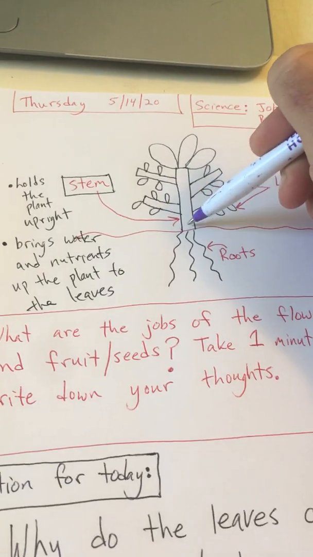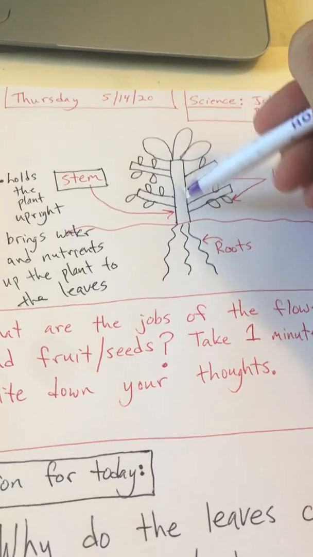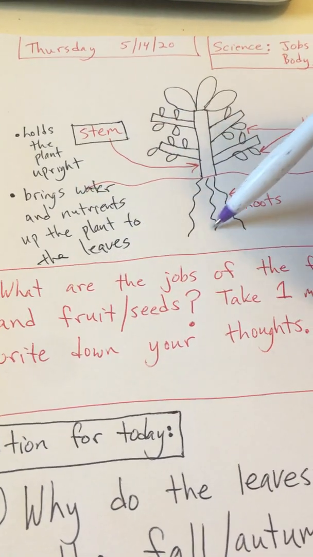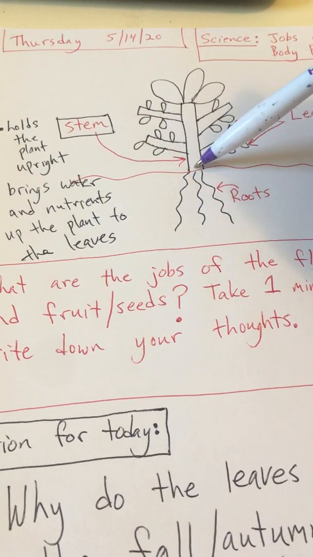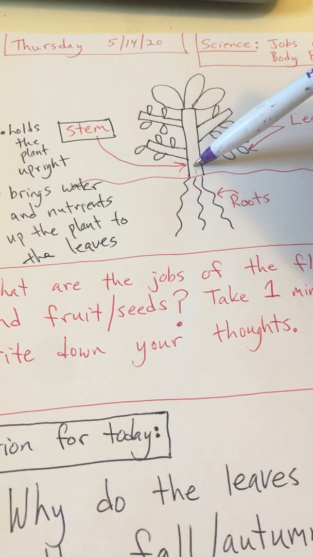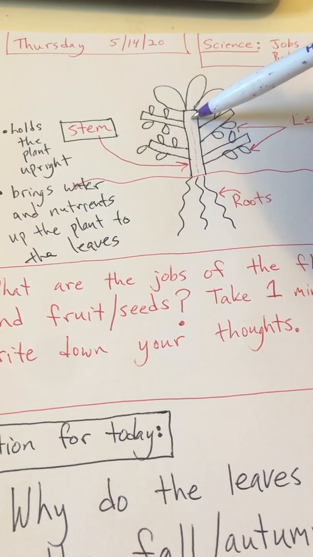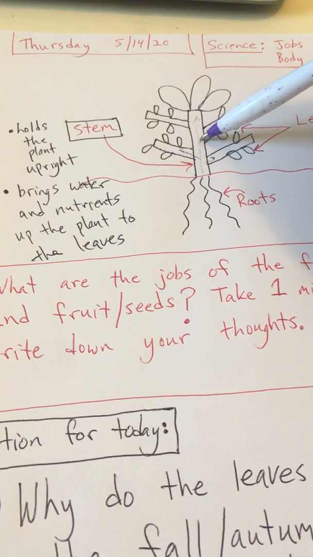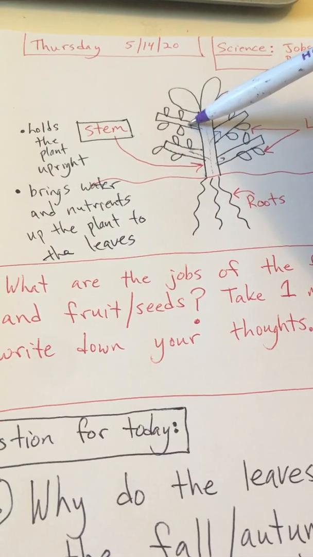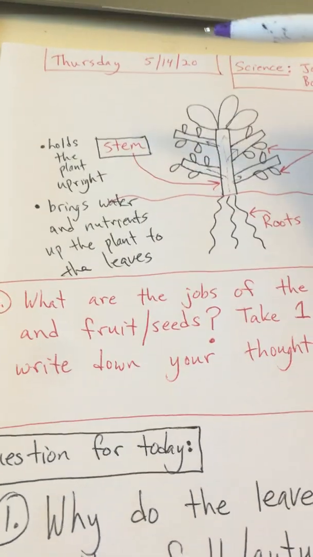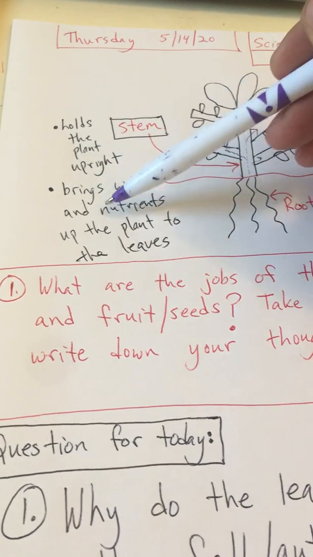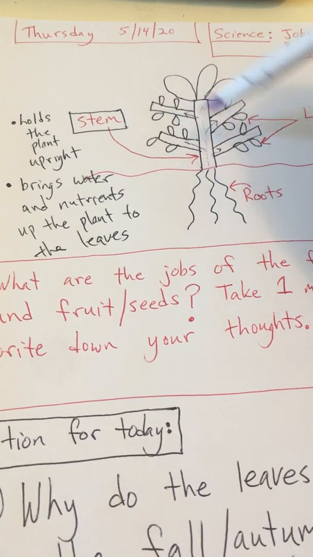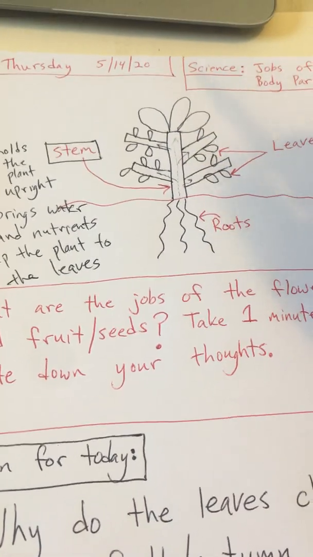That way it can reach up to the sun. And it also brings water that comes through the roots. That water doesn't just stop here, right? It needs to be carried through the stem up to all the different branches and to the rest of the leaves. Okay, so that's the jobs of the stem. Hold that plant up tall, hold it upright, and bring water and nutrients through the rest of the plant.